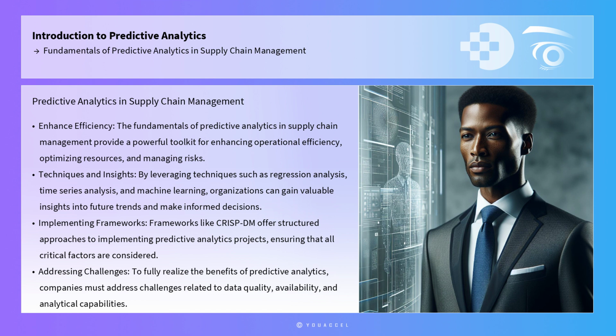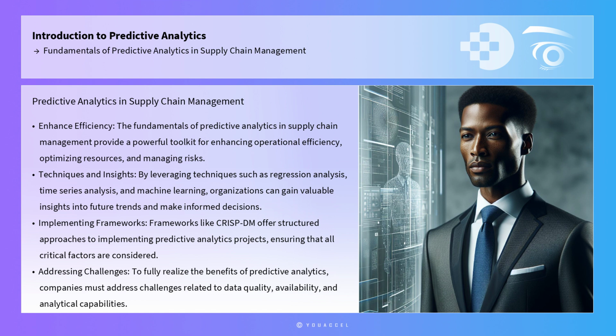In conclusion, the fundamentals of predictive analytics in supply chain management provide a powerful toolkit for enhancing operational efficiency, optimizing resources, and managing risks. By leveraging techniques such as regression analysis, time series analysis, and machine learning, organizations can gain valuable insights into future trends and make informed decisions that drive business success.